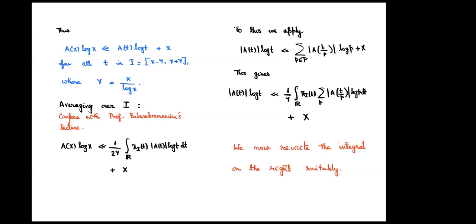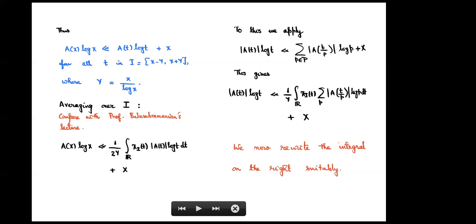You first average it by saying, okay, ax log x is less than or equal to its own value at all points in an interval about x plus a small error, and then you average that inequality, and in that averaged inequality you substitute the bound that you had for at log p from yesterday.